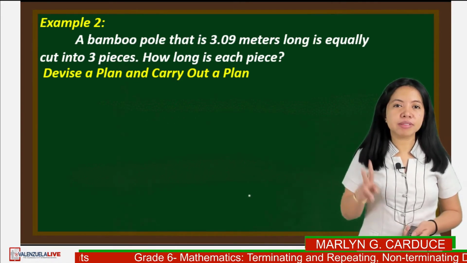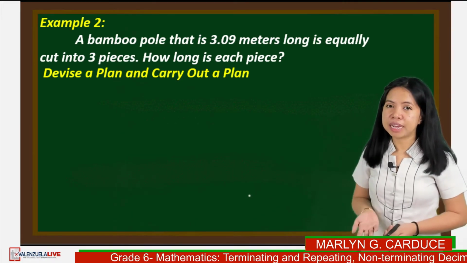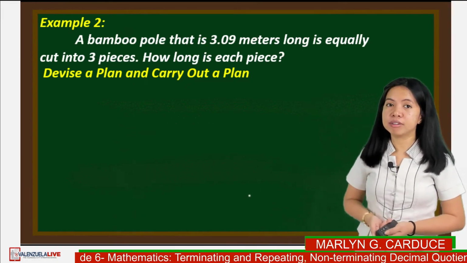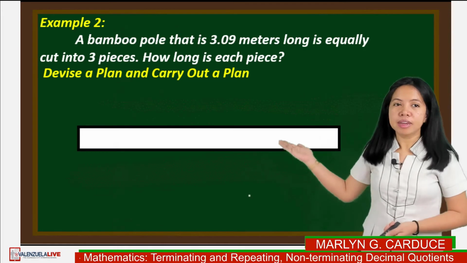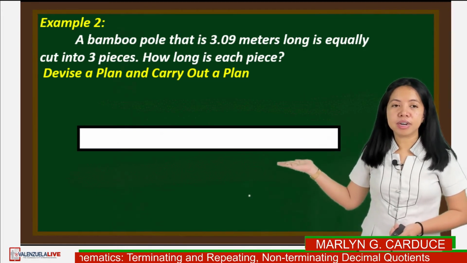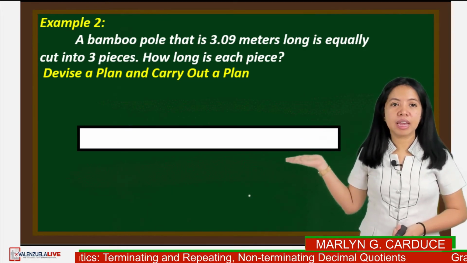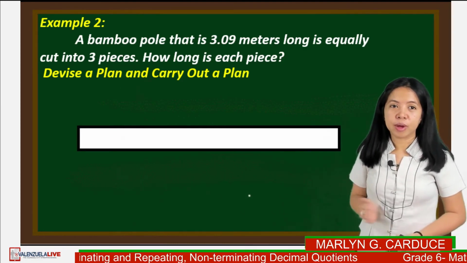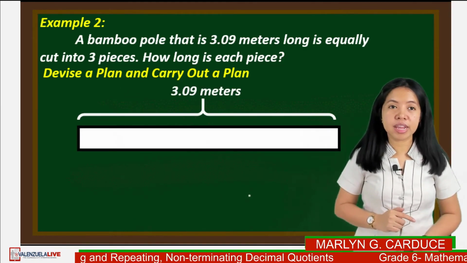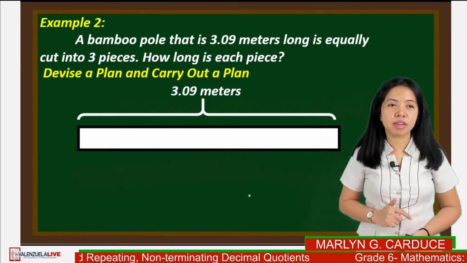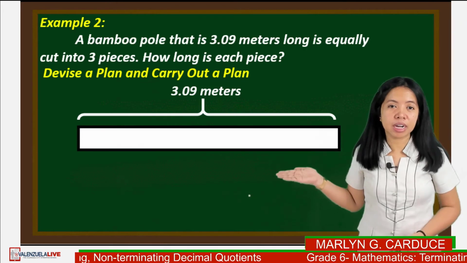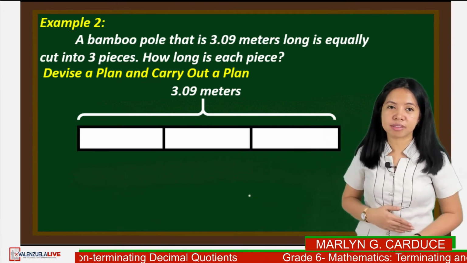Okay, and for our second step, which is to devise a plan, we will solve this problem using an illustration. So we have here a rectangle, and this rectangle represents the bamboo pole that has a length of 3 and 900 meters, which is equally cut into 3 pieces.